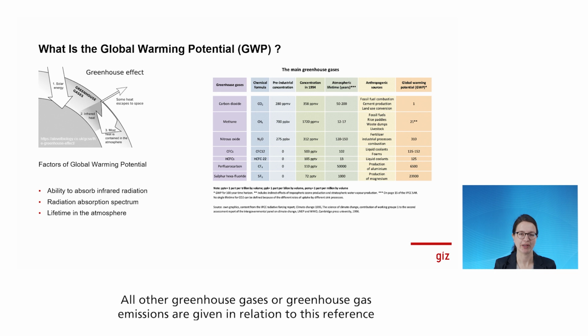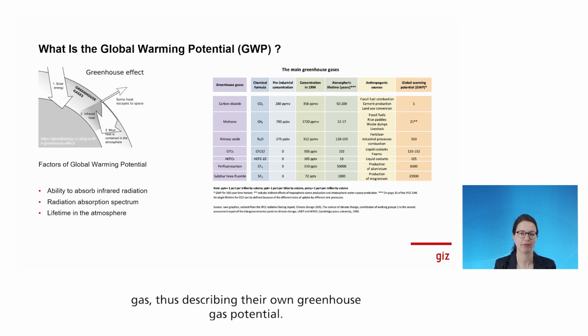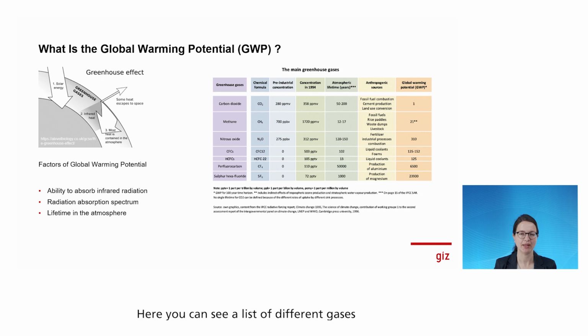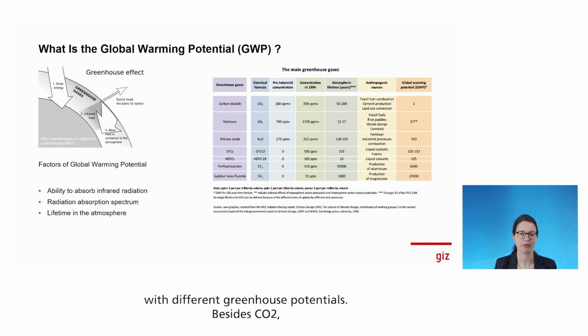All other greenhouse gases or greenhouse gas emissions are given in relation to this reference gas, thus describing their own greenhouse gas potential. Here you can see a list of different gases with different greenhouse gas potentials. Besides CO2, the best known are methane and nitrous oxide.